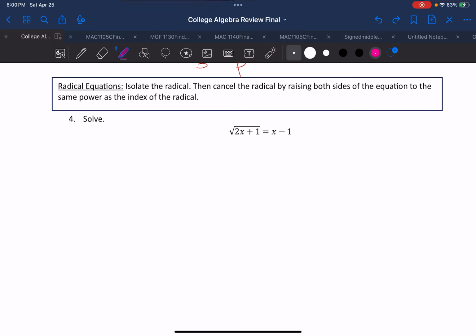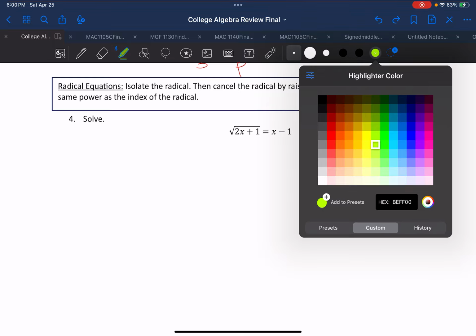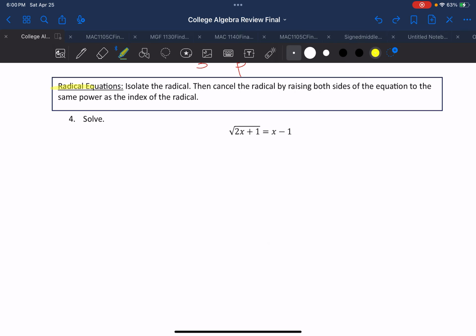The next type of equations that you'll need to solve are radical equations. So for these types of equations, you need to first make sure that the radical is isolated on one side of the equation. And then we will cancel the radical by raising both sides of the equation to the same power as the index of the radical.